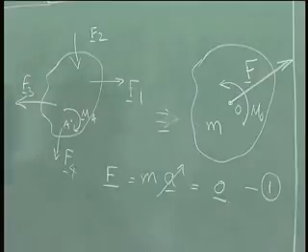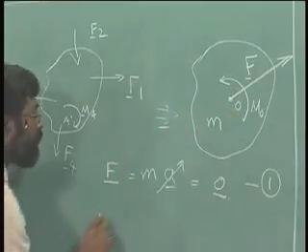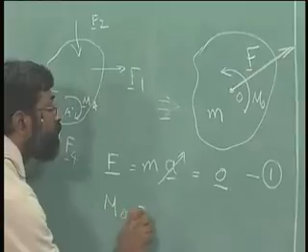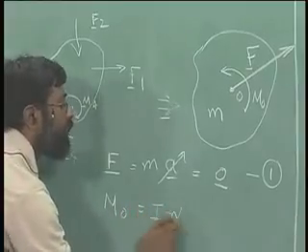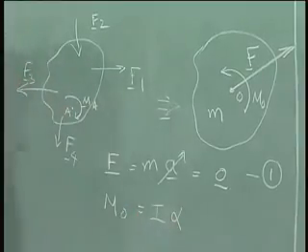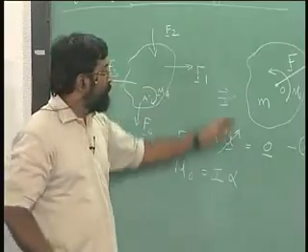The other equation has to do with the moment is equal to I times alpha, where alpha is the angular acceleration of this rigid body.